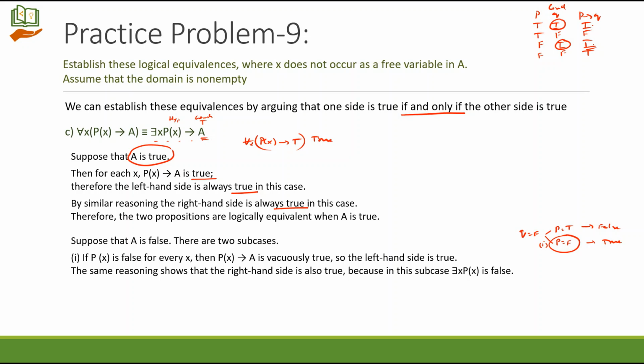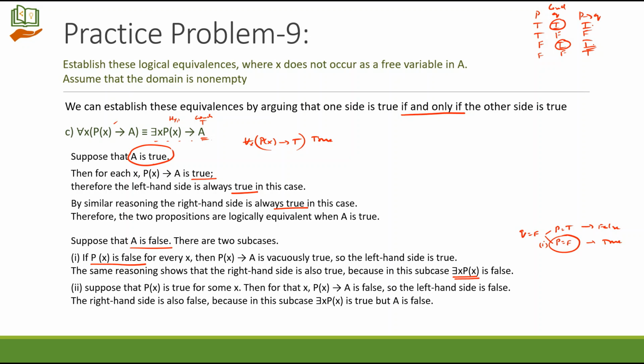Vacuously true means it's absolutely true. So the LHS is going to be true in this case. The same reasoning shows that the right hand side is also true, because in this subcase, this particular existential P of x is also going to be taken as false. We are concluding when A is false and P of x is false, LHS is equivalent to RHS.